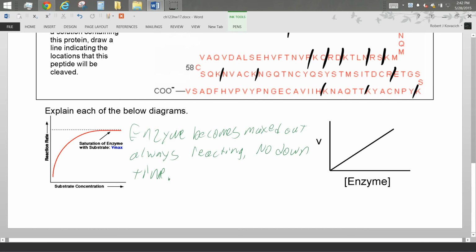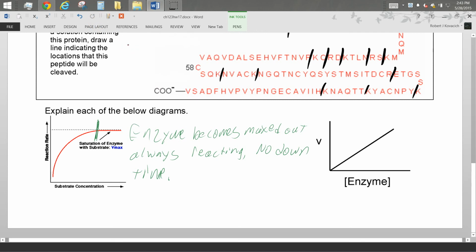I throw substrate in. Initially, it can handle all the substrate, and so the reaction happens at a certain speed. But eventually, I throw so much substrate in there that the enzyme is working as fast as it possibly can. At that point, throwing more substrate in is not going to increase its speed. Every time it finishes one reaction, it turns around and sees another substrate right there ready to go, and it reacts on it. And what about this second drawing here?